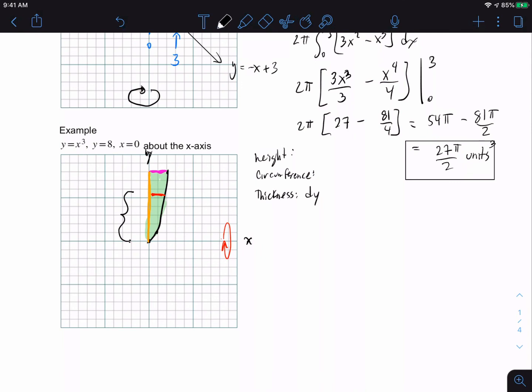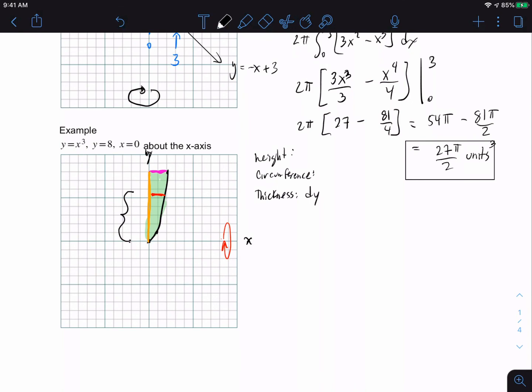Now, one of the things that confuses a lot of people with this, and it's important for you guys to pay attention to and understand, is that where I drew that red slice is irrelevant. It can be anywhere in that shaded region, right? And since the radius can be anything in that area, it's going to be anything from 0 to 8. But since I don't know what number it is, I need it to be a variable, right?